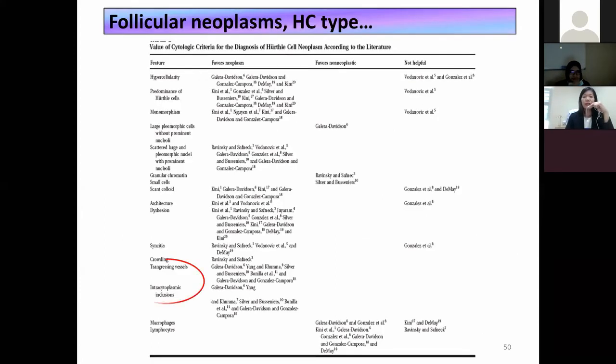So this is the literature. It shows that two very useful features to diagnose HCN over non-neoplastic Hurthle cell lesion are the presence of transgressing vessels and intracytoplasmic inclusions.